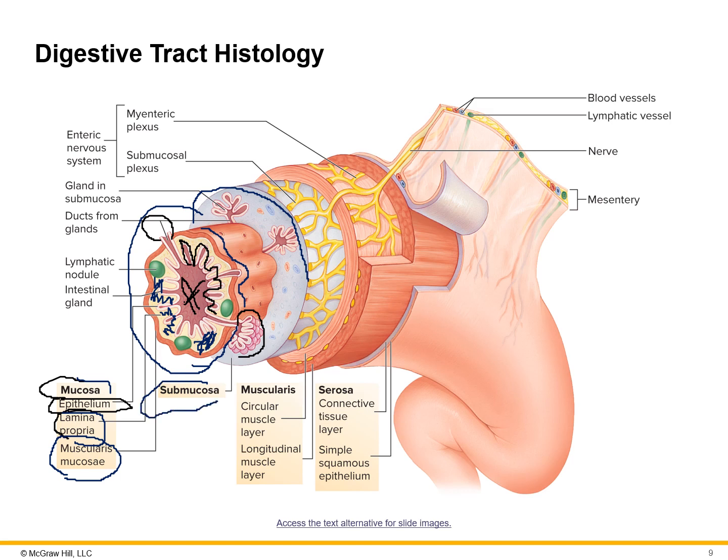And submucosa is where you are going to notice more glands, as well as two very important structures. Now, in Unit 4 of A&P 1, we did talk about the enteric nervous system. The enteric nervous system is basically the branch of the nervous system that innervates and regulates the entire digestive system.